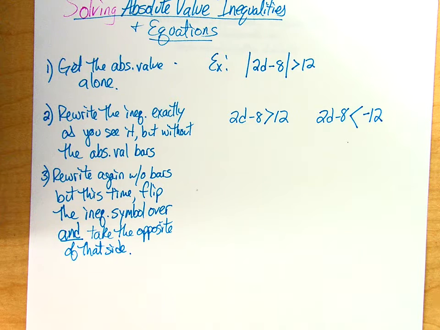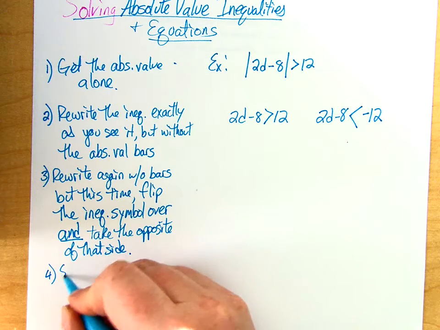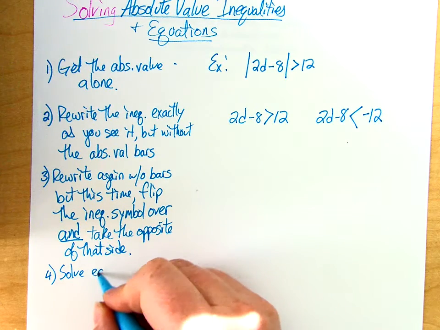This is the most crucial step. If kids make a mistake, it's right here because they don't do step 3. They don't rewrite it, flip the symbol over, and take the negative. So don't you forget step 3. Now, step 4, you're just going to solve each inequality like you normally do. Solve each separately.